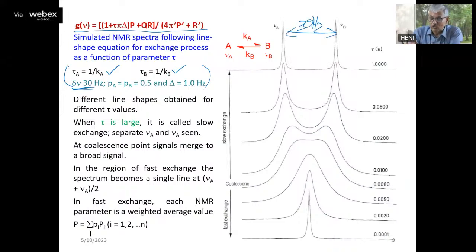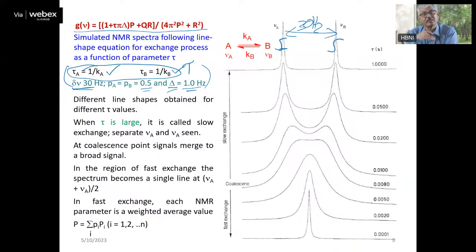As I told you, PA and PB are equal to 0.5, that's why you can see the peak intensities are equal. And the natural line width, capital delta, is taken as 1.0 hertz. Now, depending on tau A and tau B, you will have the tau value.